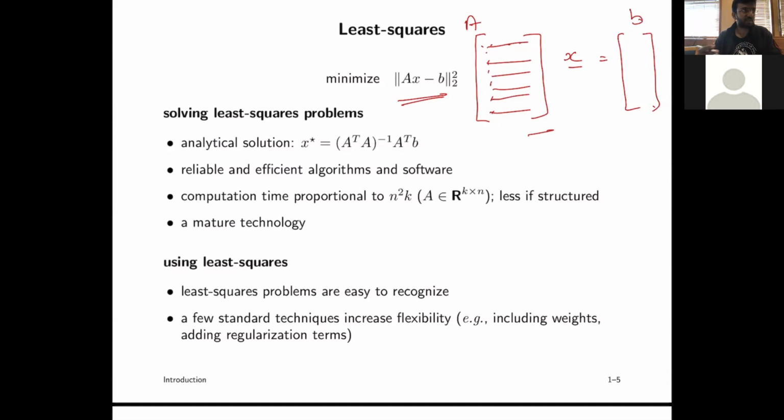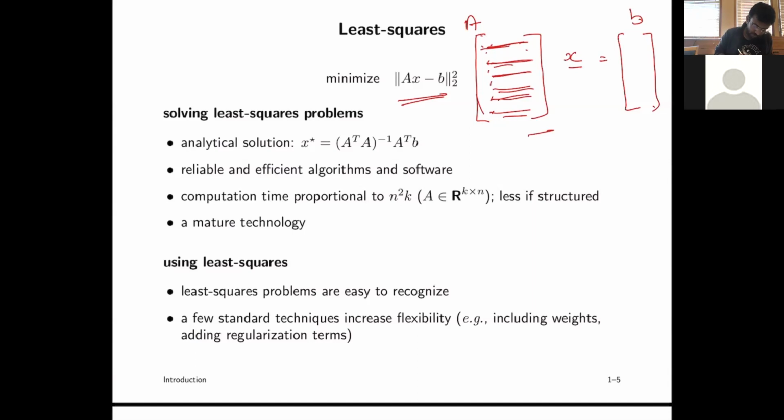I just ask you to revise that theory. For example, when you have a lot of equations, that means a large number of rows. This is a tall matrix, more rows than columns. In that case, in general, there is no solution.